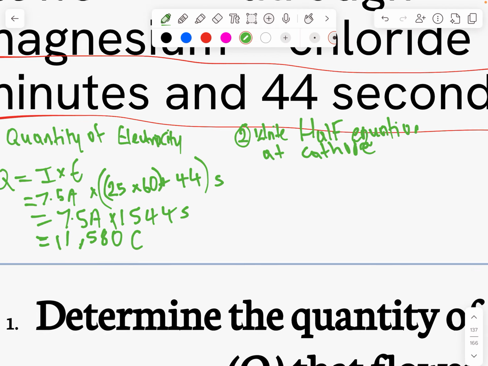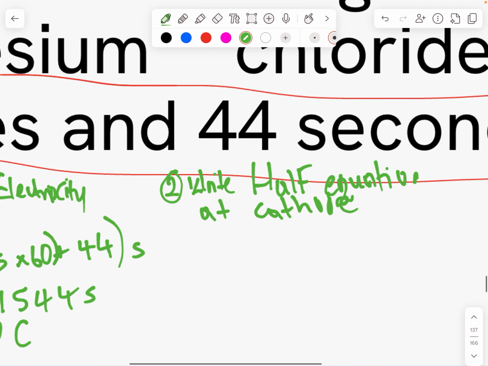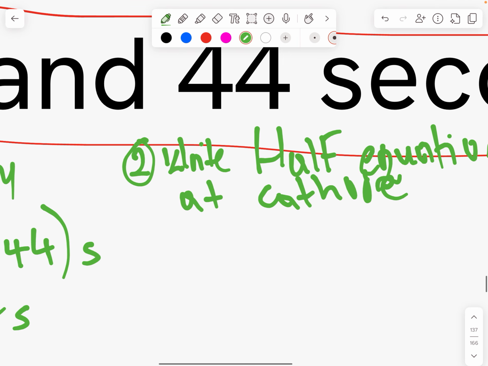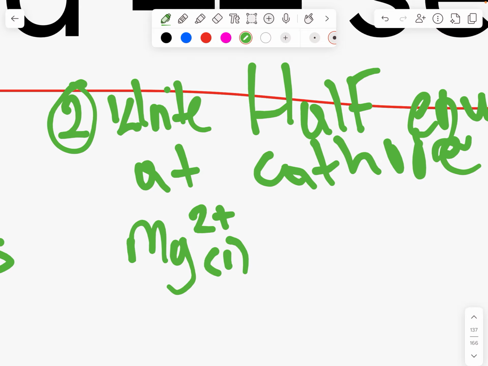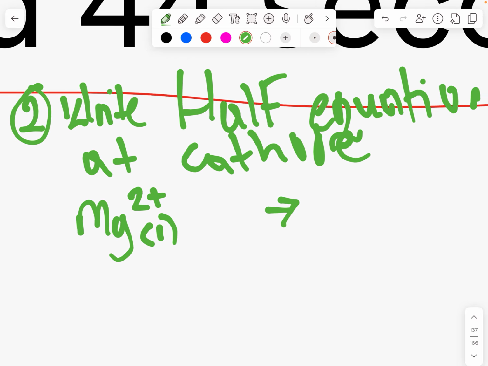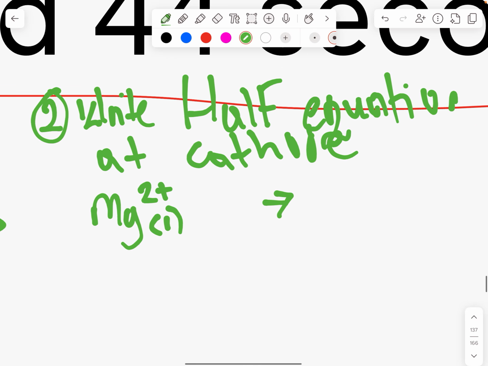And since we're going to calculate the mass of magnesium, right, since it's in the molten form, it's going to be Mg2+. Molten is liquid right there. At the end of electrolysis, do you remember what happens to our ions?